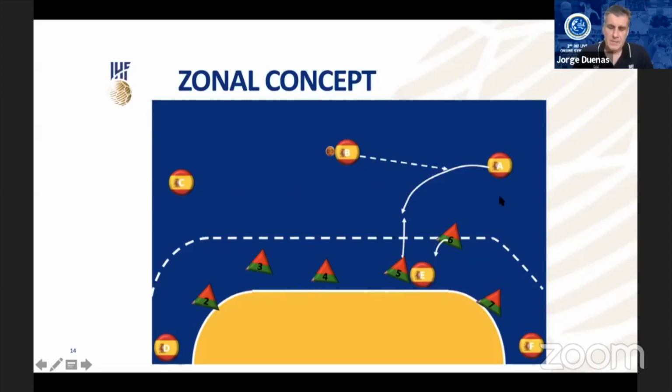When the A player goes to the center, the responsibility for the attacker changes. In this case, 6 goes with the line player, and number 5 goes to defend the I player.